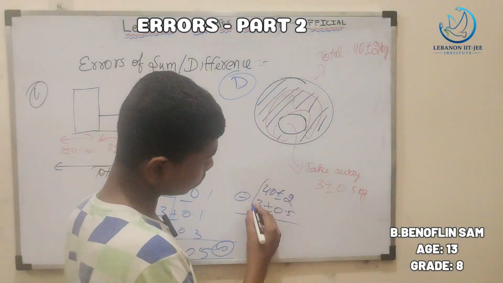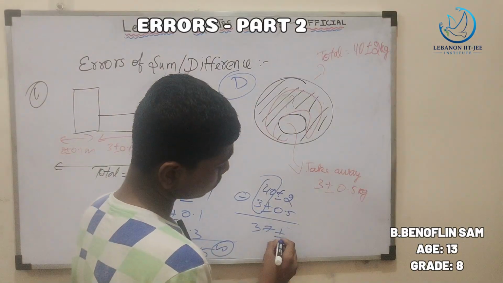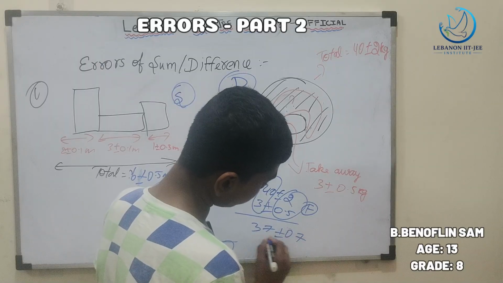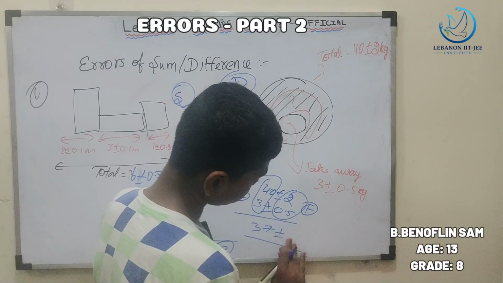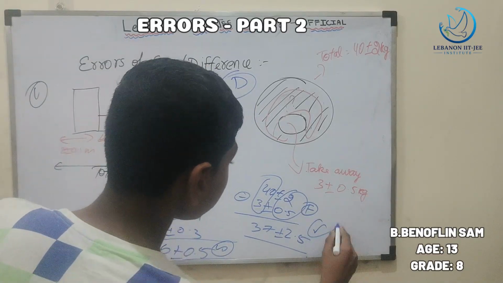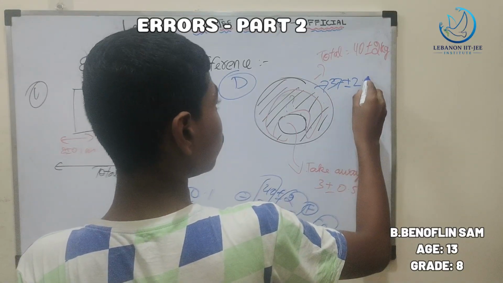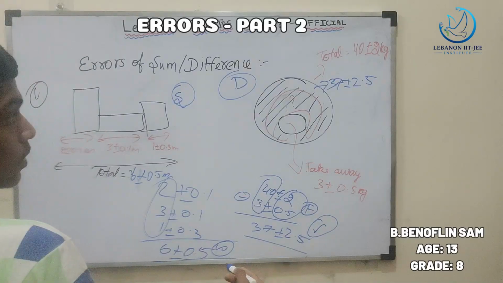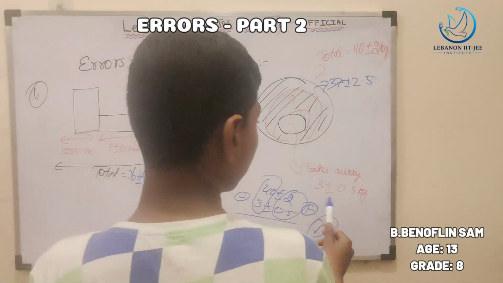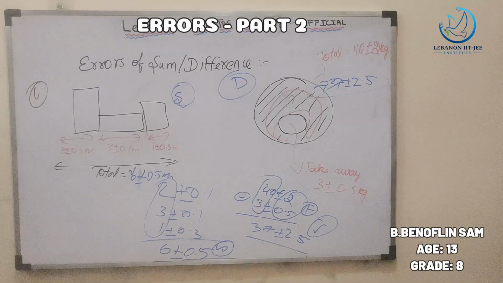You have to subtract the values here, so 37, and plus or minus, you have to add the errors here. Always add in here. So the total is 37 plus or minus 2.5. That's the answer. If you want to check, you can check. This is how they will calculate this.